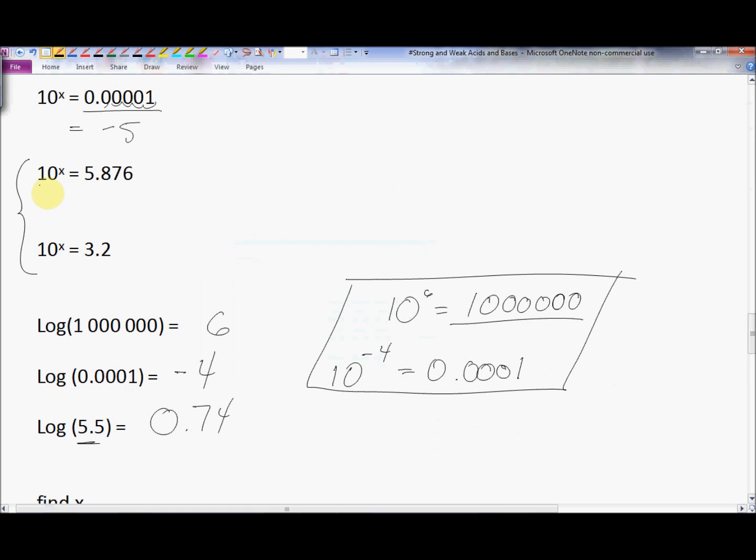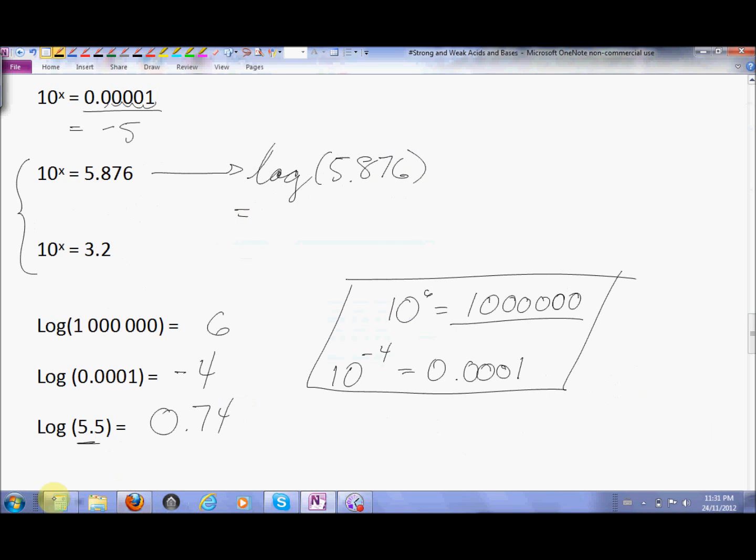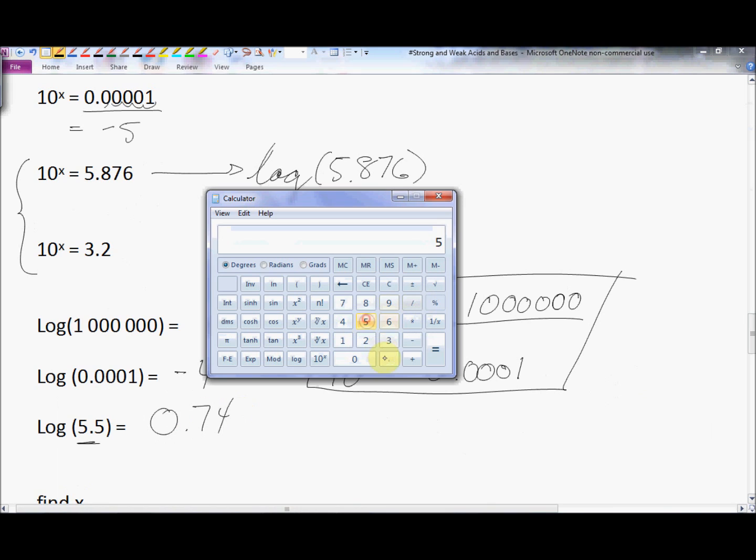So when we're doing 10 to the x is equal to 5.876, the way to solve this is really to take the log of 5.876. If we use our calculator here, take the log, 0.769.